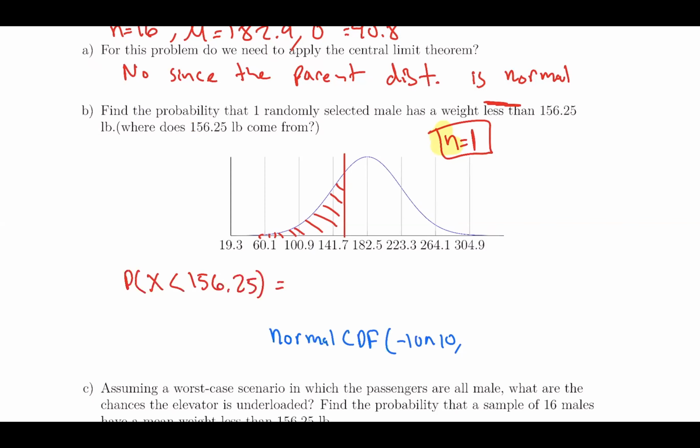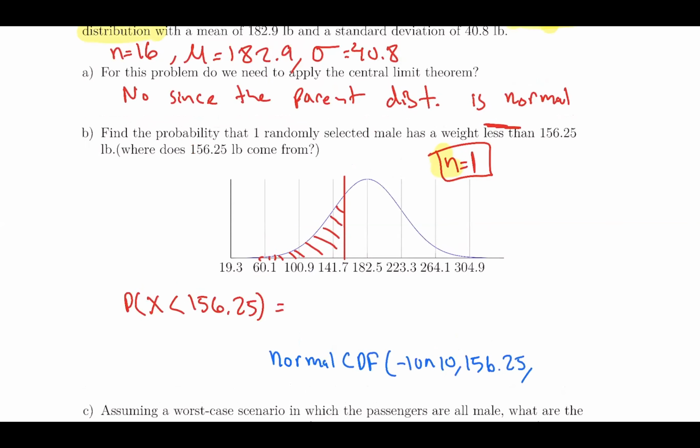What should I say is the upper bound? Yeah. So 156.25. All right. What should I say is my mean? All right, 182.9. What should I say is my standard deviation? All right, so 40.8. Cool.